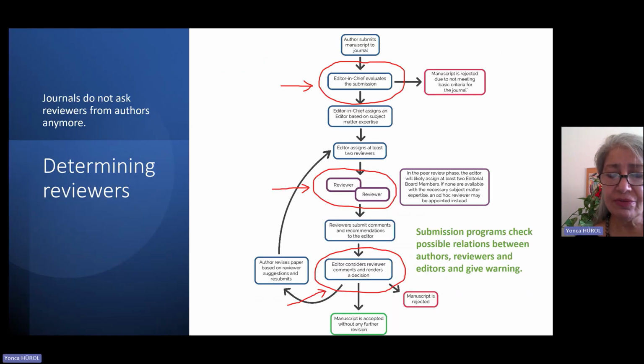Now, journals, if you are following up what's going on, journals stopped asking authors to suggest reviewers, because there are problems going on about this issue.